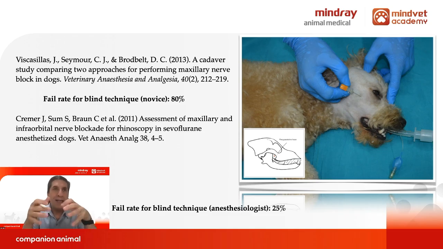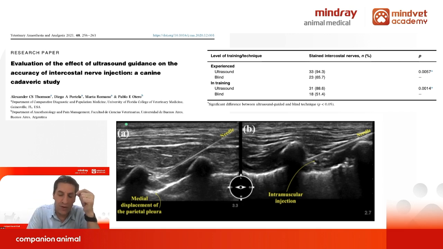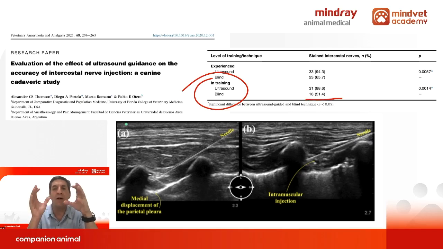So nowadays, we have the possibility to use new tools, that means ultrasound and nerve stimulator, to reduce the failure of the block. And when we read studies comparing blind to ultrasound-guided techniques, we can see that even in super trained hands, the failure rate is huge compared to the success rate of the ultrasound-guided techniques.